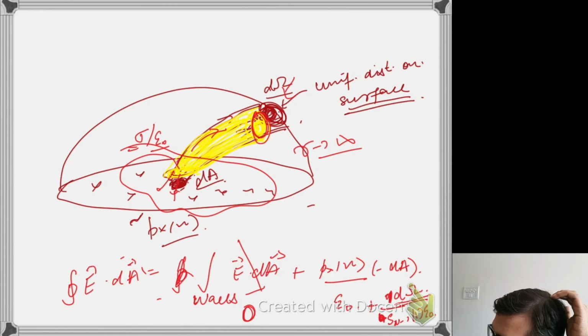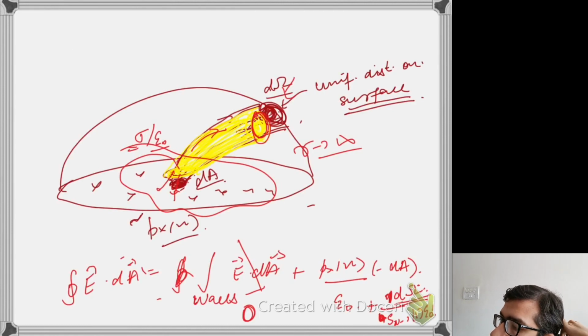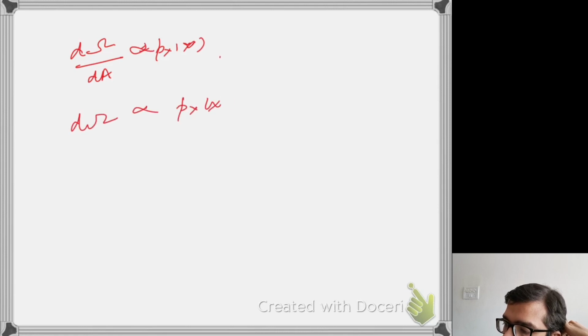Okay, so from here what I get is that dA by d omega is proportional to p(x). Essentially d omega by dA is proportional to p(x). Right, so essentially d omega is proportional to p(x) dA.